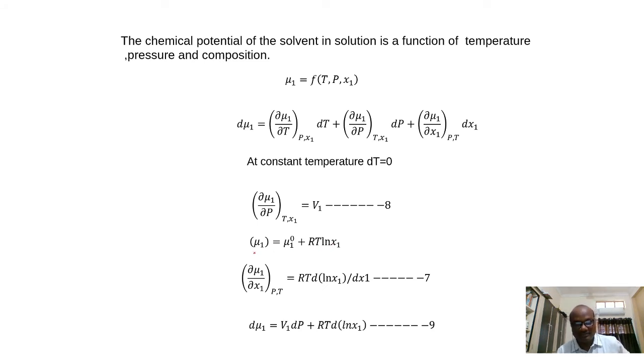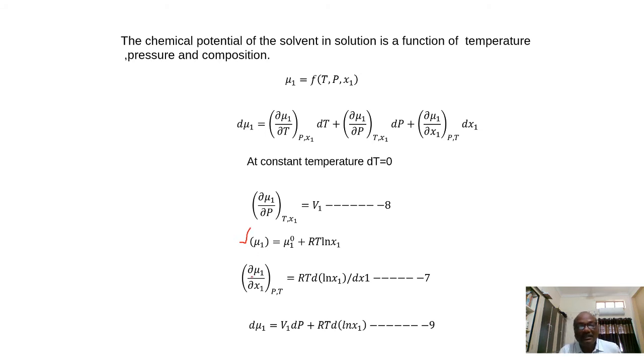Mu1 is the chemical potential of the solvent in the solution, and mu naught 1 is the chemical potential of the solvent in its pure state, where x1 is the mole fraction of the solvent. So let's differentiate this equation with respect to x1.